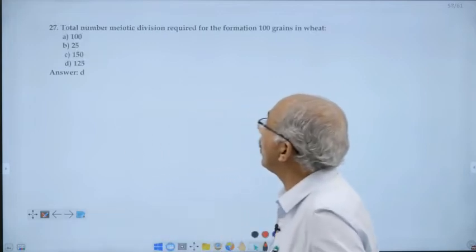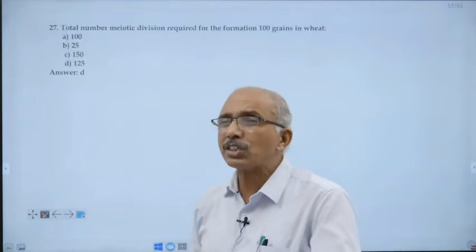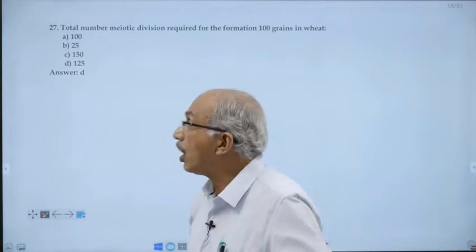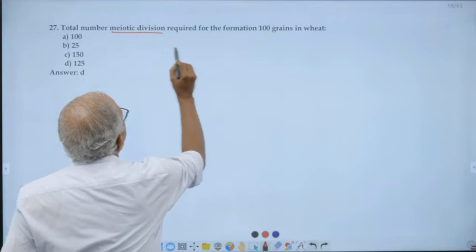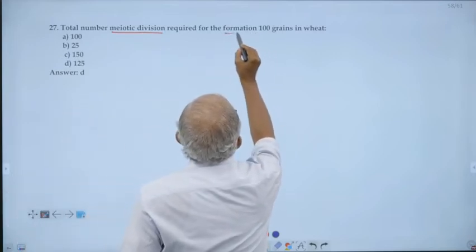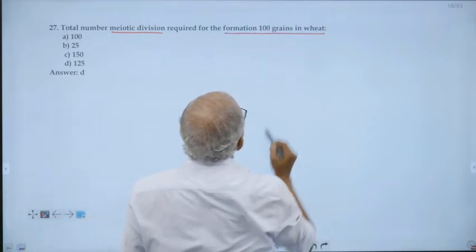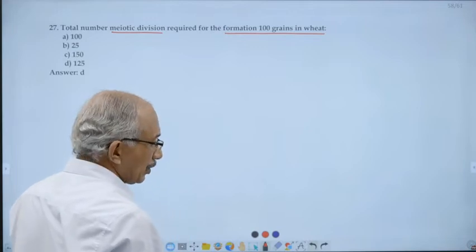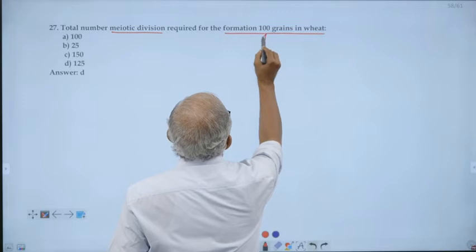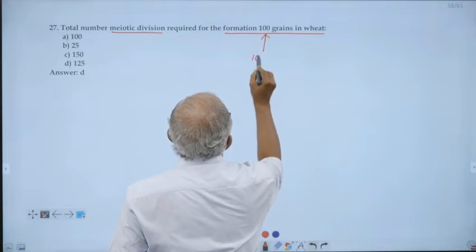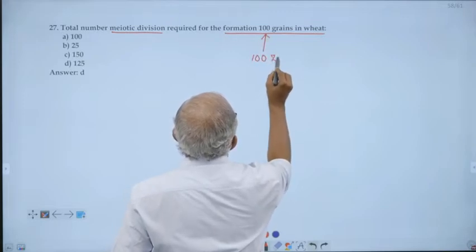27. An application level question. How many meiotic divisions are required for the formation of 100 wheat grains? To form 100 wheat grains, there should be 100 zygotes.